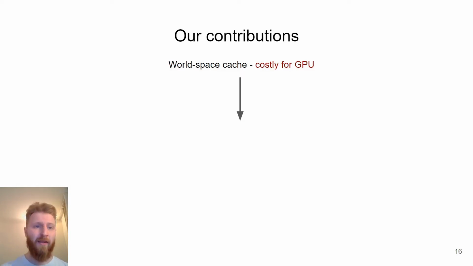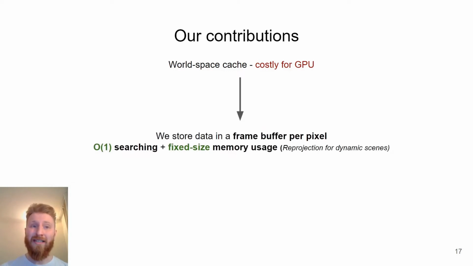So we believe that this technique is pretty good for offline rendering with static scenes, but not for online rendering with dynamic scenes. This is the reason why we suggest storing all needed data per pixel in a frame buffer, with constant speed of loading data and fixed size memory usage.